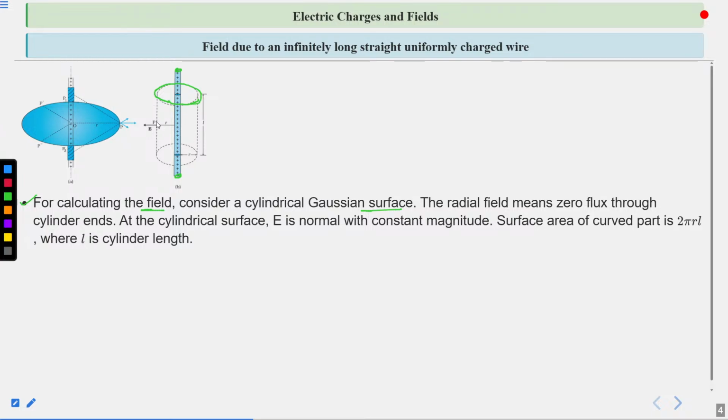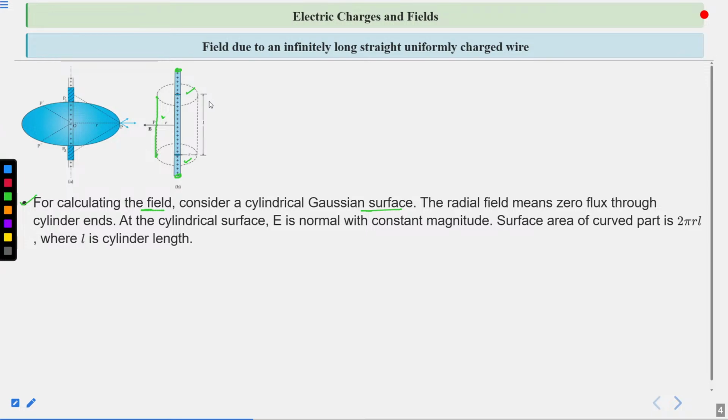Now the point P is at a distance r from the charged wire. There are three surfaces: the first is circular, the second is also circular, and the third one is curved. Here we neglect the end points.